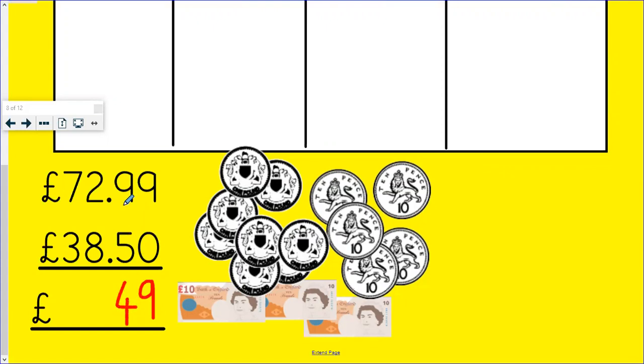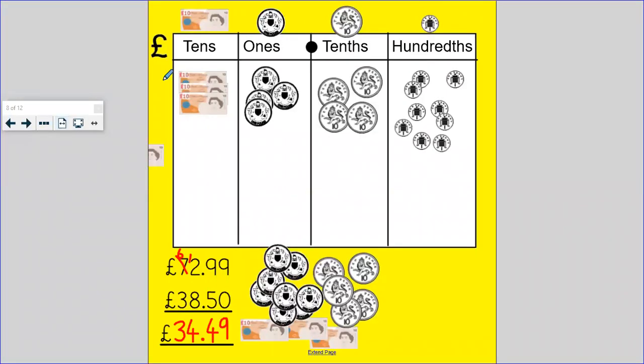So we've got 49p with your decimal point in. £2 take away £8, can't do it, so I'm going to exchange one of these 10s, left with 6 10s, and I've got 12 ones in the ones column. 12 take away 8 equals 4. 6 take away 3 equals 30. So let's go back so we can see it. Have we got £34.49? We have, so that looks pretty good.